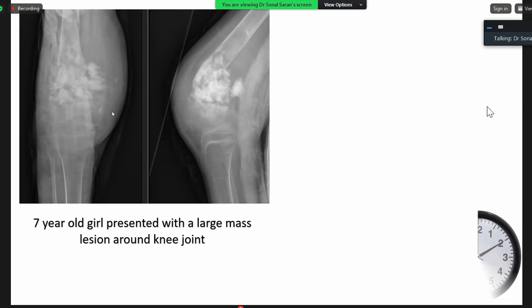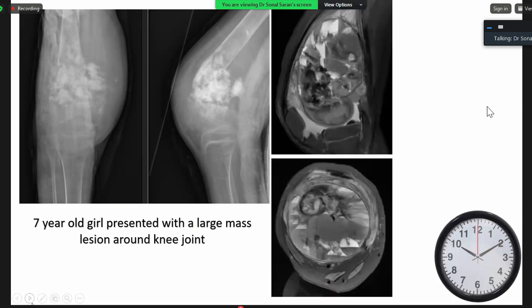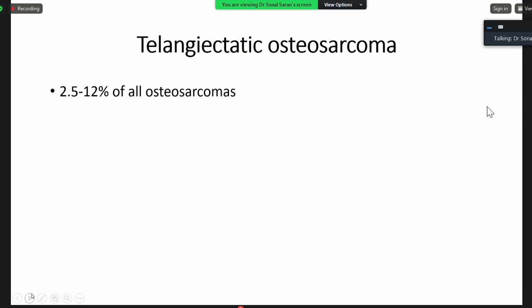So this is a case of osteosarcoma, right? And on MR, we can see multiple cystic spaces with fluid level. So can you classify this osteosarcoma in a particular category? Telangiectatic, right? So this is a case of telangiectatic osteosarcoma, which is a rare variant of osteosarcoma.